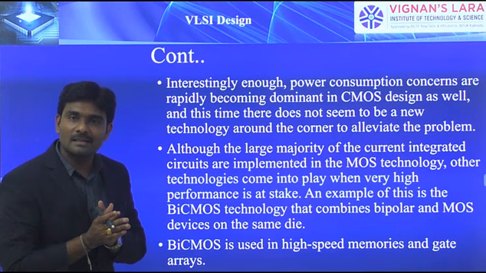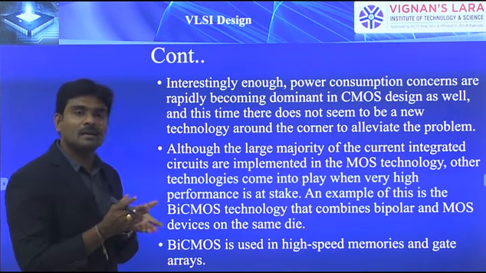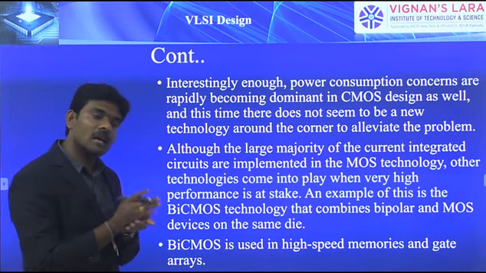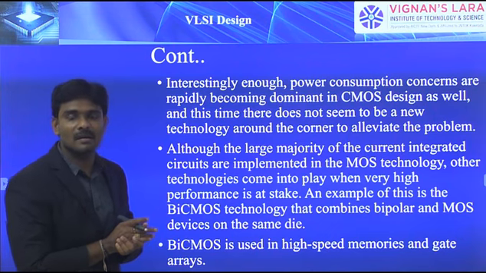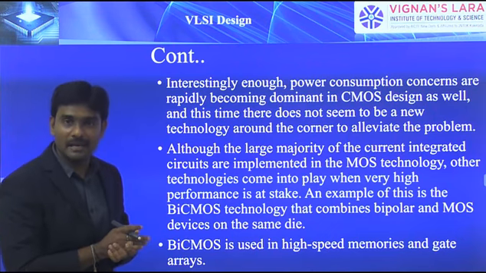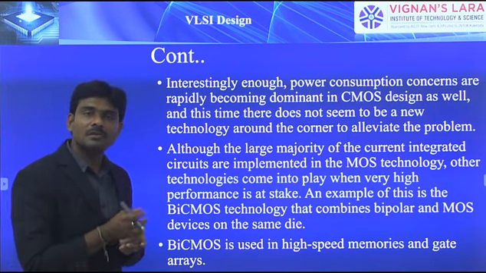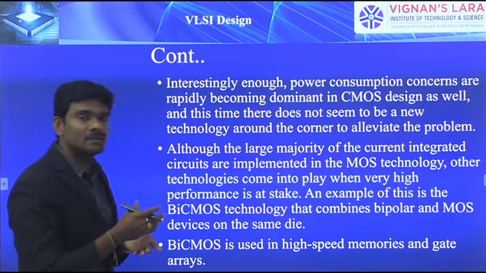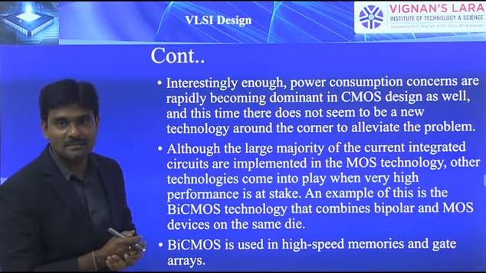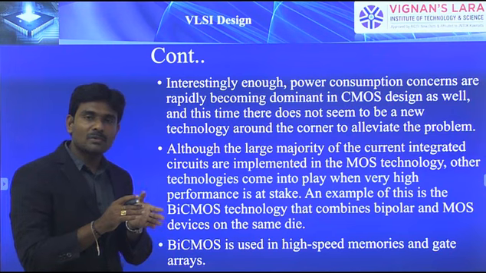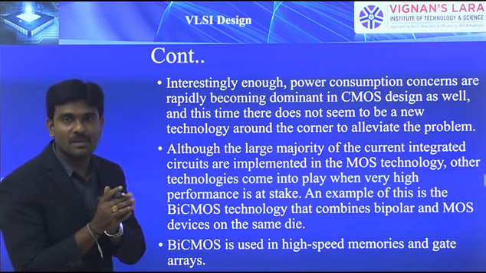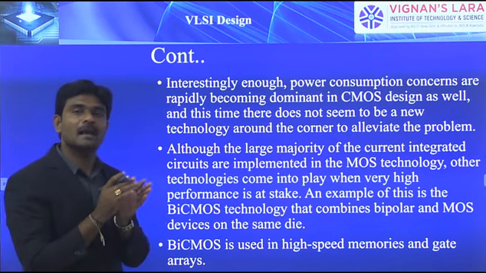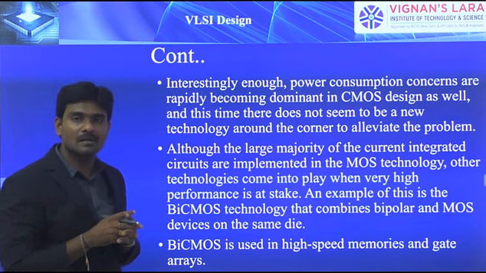And while realizing the logic, the required parameters are that the technology must have high integration density and also less power dissipation. Once again, CMOS has all of that, so the inputs as well as the logic of that circuit will be realized using CMOS technology.